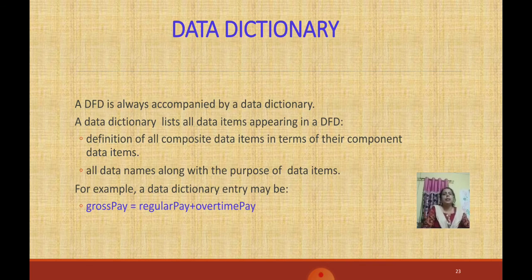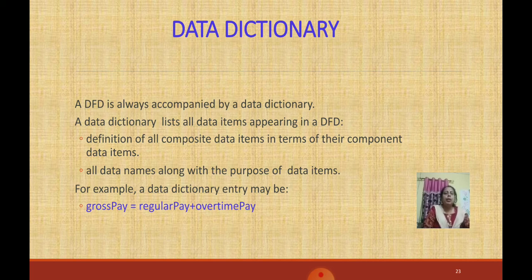Then data dictionary. A DFD is always accompanied by a data dictionary. A data dictionary lists all data items appearing in a DFD. It gives the definition of all composite data items in terms of their component data items, and all data names along with the purpose of the data item. Means all DFDs come with a data dictionary. Okay.